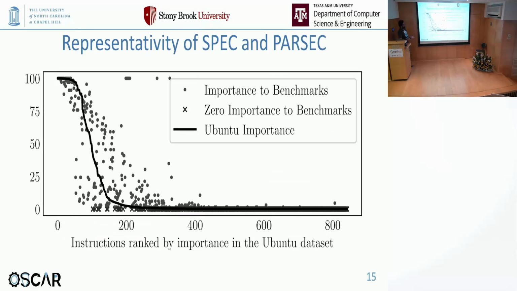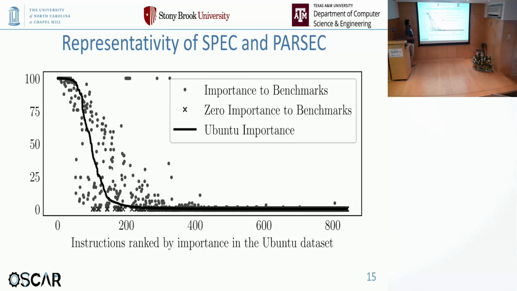So what happens when you take package importance into account? This graph is showing on the x-axis instructions ordered by instruction importance in the Ubuntu dataset. The line again shows you the same for the Ubuntu dataset. The dots and X's are for benchmarks.